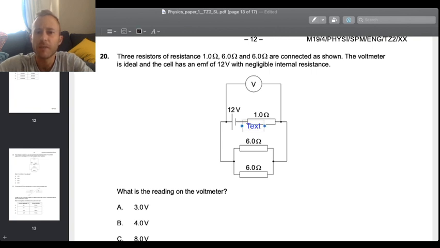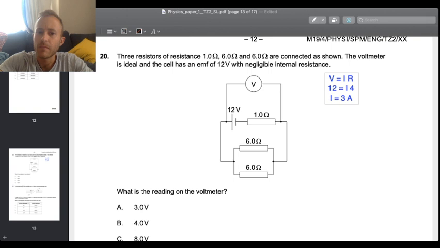So let me type this out. V equals IR. The voltage is 12 volts. The current is I. And then the total resistance is 4 ohms, which I will assume that you can calculate. It's 6 in parallel with 6, in series with 1. So that gives a current of 3 amps.